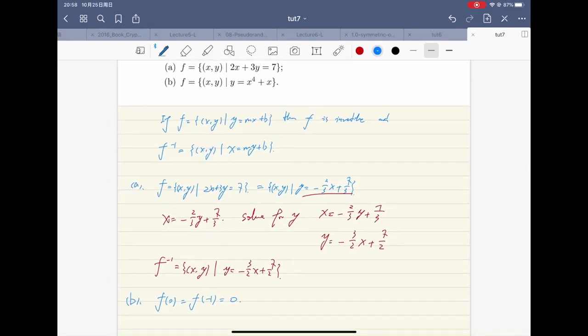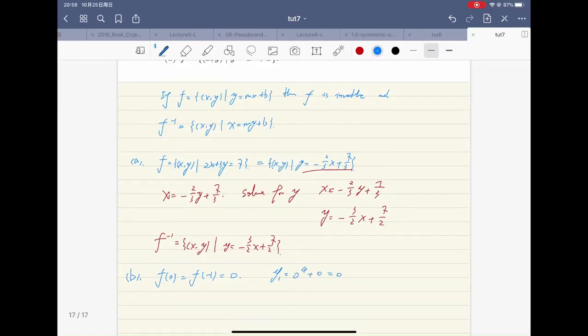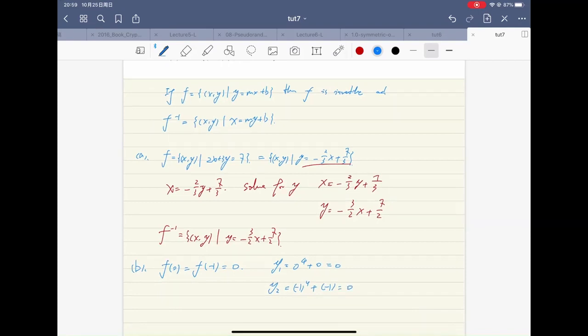Right? So we have y1 equals 0 plus 0 equals 0, and y2 equals negative 1 plus negative 1 equals 0. But we have x1 not equal to x2.